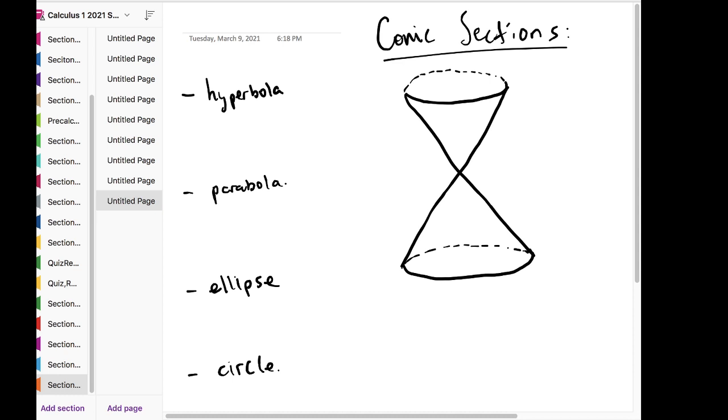So let's do the circle first. How do you define a circle? A circle is defined by a perpendicular cut to the axis of a cone. If you cut this cone at a perpendicular angle, the shape that pops out is a perfect circle.